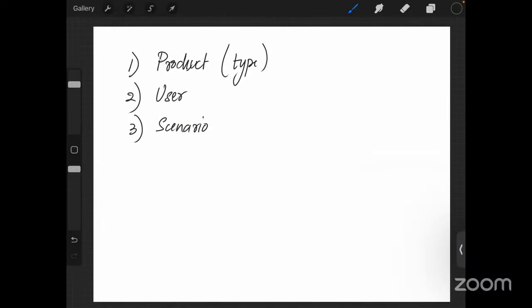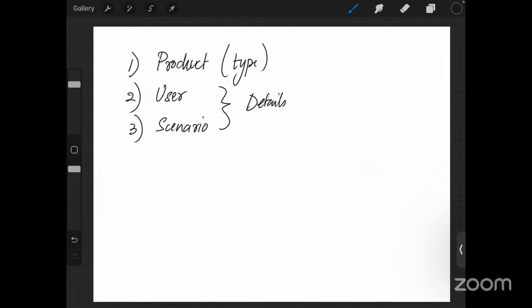By scenario, what I meant is that there's a situation, right? You need to have a situation where you place this product. You are designing a product for such and such situation, and for a user, obviously. So these two mainly define the details that go into the product.